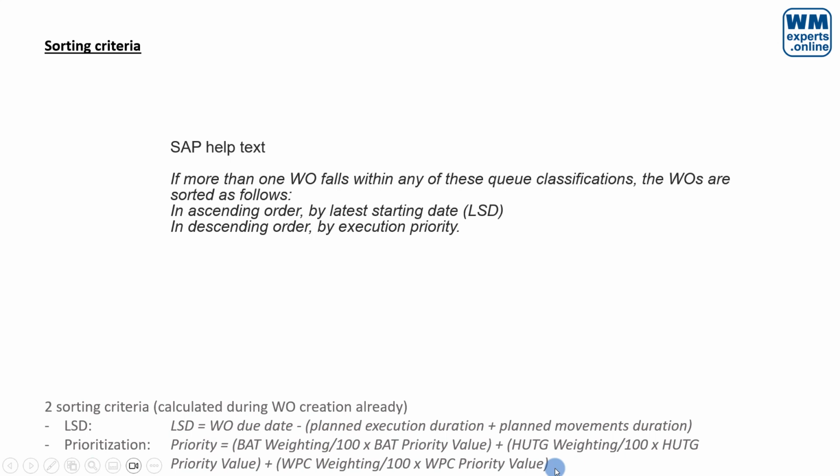And also here, I will not go into detail. There is a very good SAP help text along with some examples about that topic, and I will link this help text below the video description. Also here, I recommend studying that help, because that gives you some foundational knowledge to be able to follow me within the next minutes.